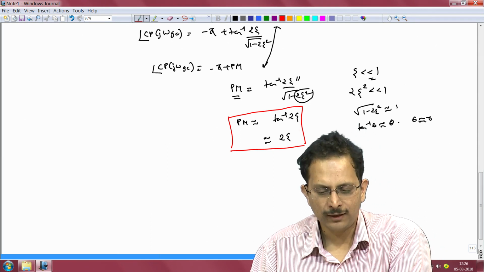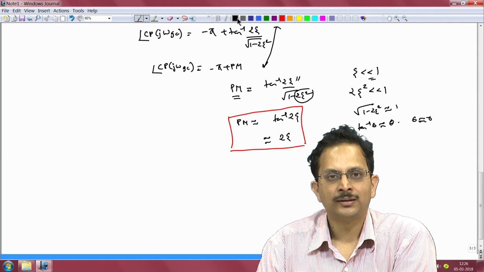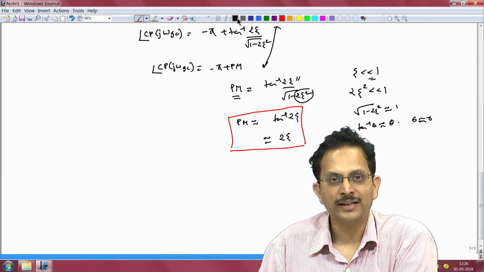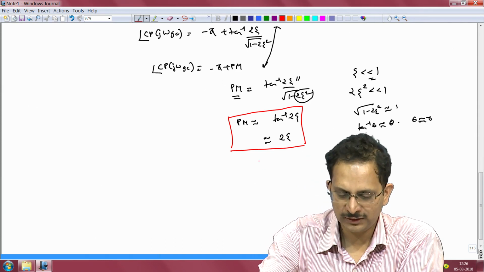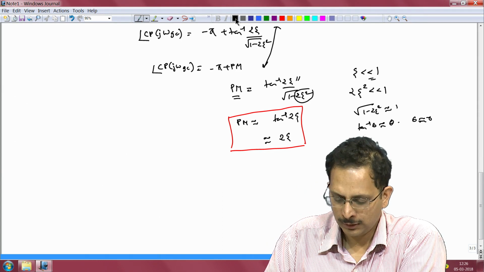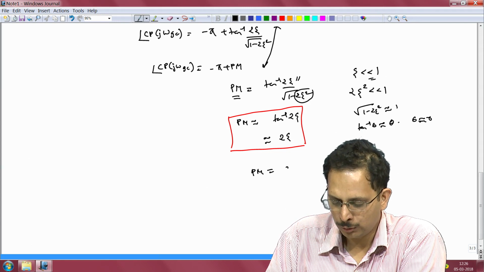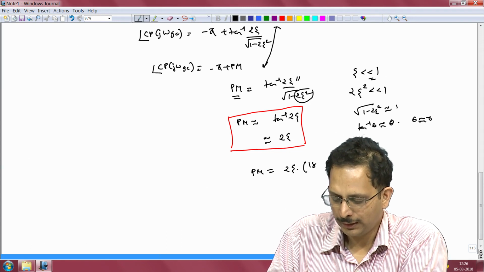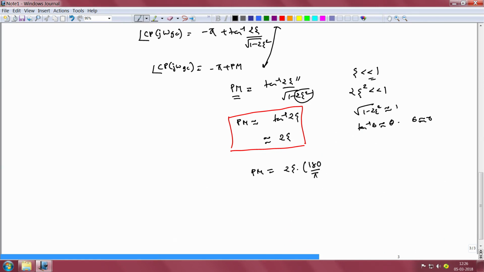Now, what is often done when we do control design is to represent the angles not in radians but rather in degrees. So, if one were to represent this in degrees, then one would have the phase margin to be equal to 2 zeta times 180 by pi. This is in degrees, and we note that 2 times 180 is 360 and the value of pi is 3.141, and therefore, the phase margin is going to be equal to 360 by 3.141 times zeta.